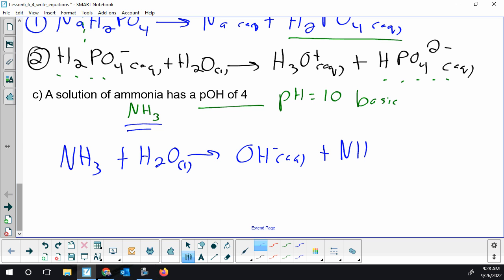We're actually, ammonia will pull an H out of water, an H plus. So that's ammonia in the question. This is ammonium in your polyatomic ion table as the product.